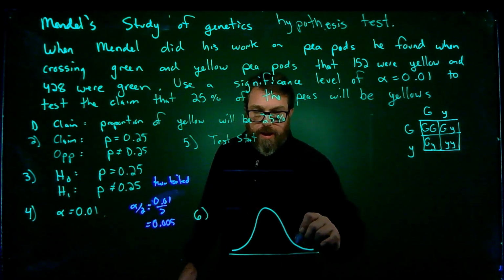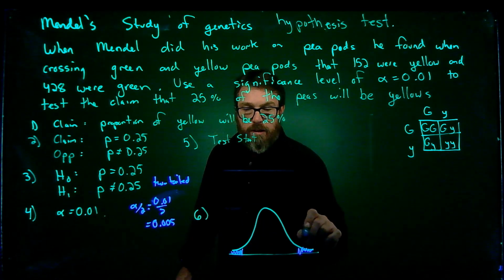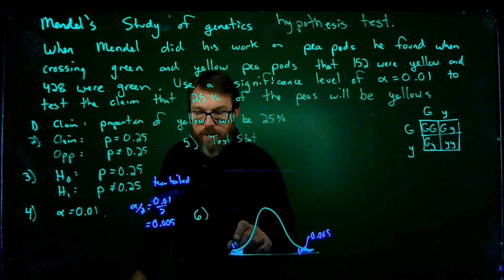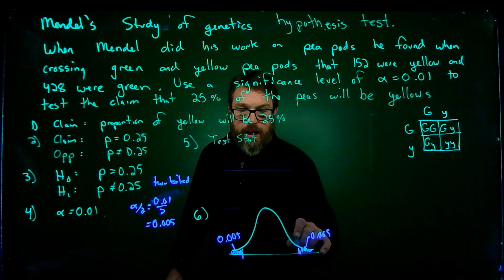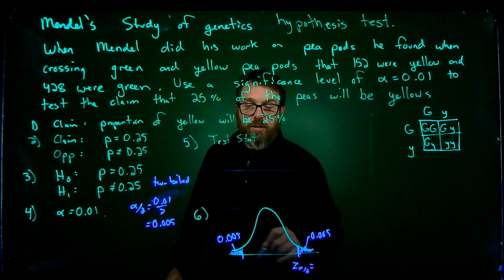So that's the area I have here. Each one of these is going to be 0.005. This is also 0.005. So we're going to eventually have to find these critical values, which are going to be z-scores. We'll call this z alpha over 2.